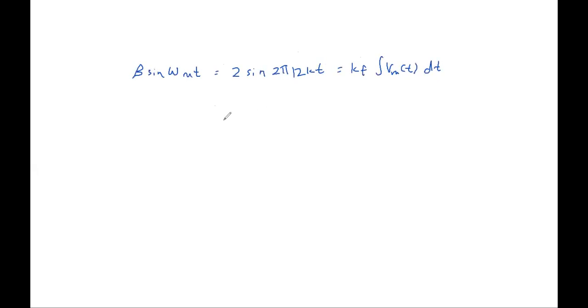So from here, we are given our Kf is 8 pi kilorad. So integrate vm(t) dt is equal to 2 sine divided by Kf.